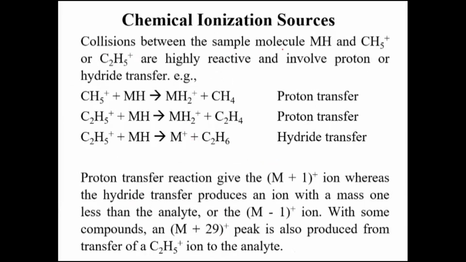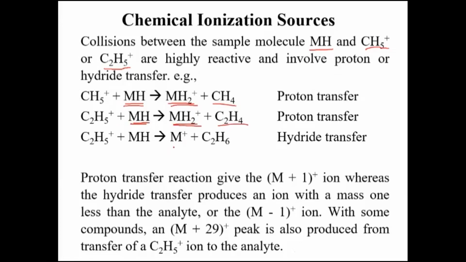Collisions between sample molecule MH and CH5 plus or C2H5 plus are highly reactive and involve proton or hydride transfer. Some examples are over here. Originally you have MH, but now you get MH2 plus and CH4. Originally you have MH, now you again get MH2 plus and C2H4.